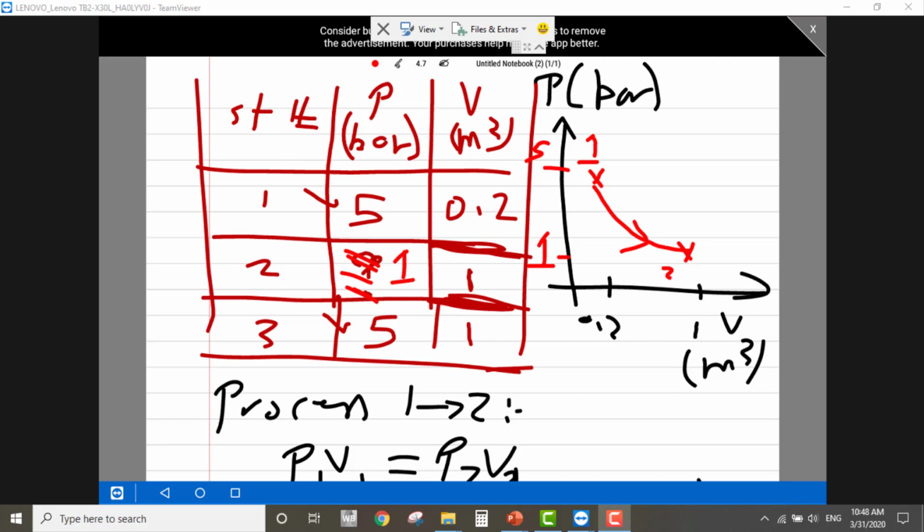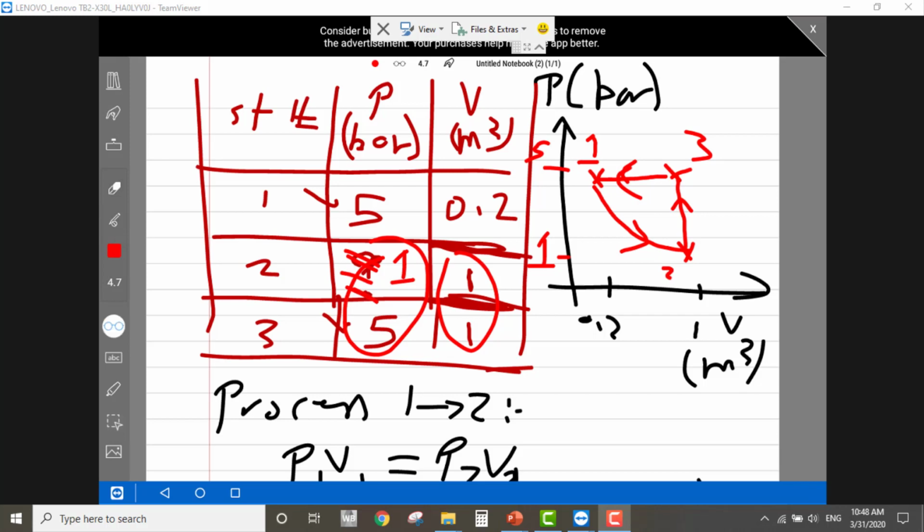Now process 2 to 3, constant volume, and the pressure will increase from 1 to 5. Now process 3 to 1, from the statement of the problem, is constant pressure compression. So in this scenario, we could draw the PV diagram.